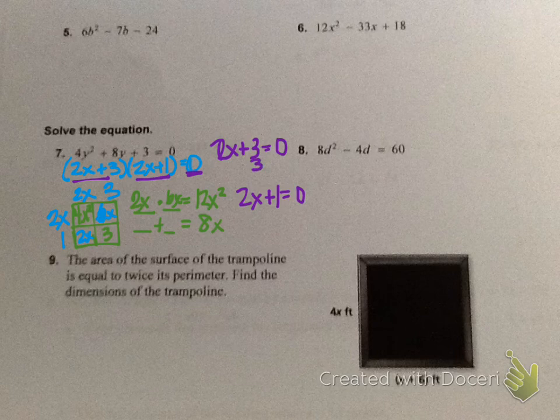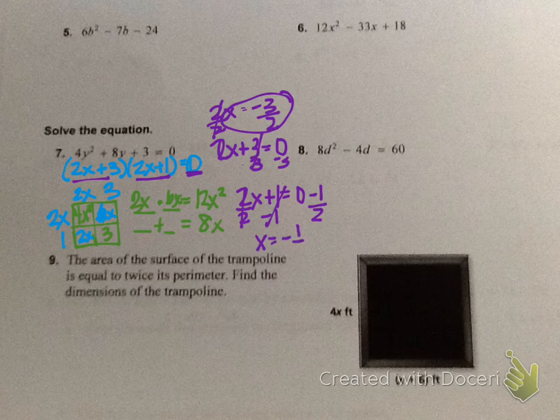So I would subtract 3. 2x equals negative 3, divide by 2. So x equals negative 3/2. And also x equals negative 1/2. So it's just that extra step of solving to see what makes 0. Fill in what would equal 0.